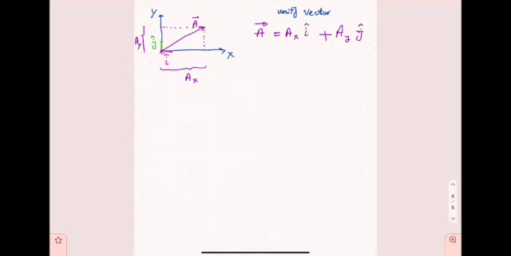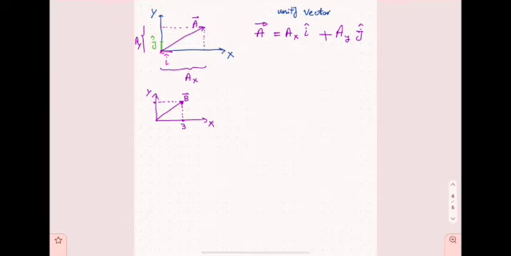To make it clear, let's say a numerical example. So, for example, we have a vector here. Let's call it B. And this is X, this is Y. Numbers are not to scale, but just an example.